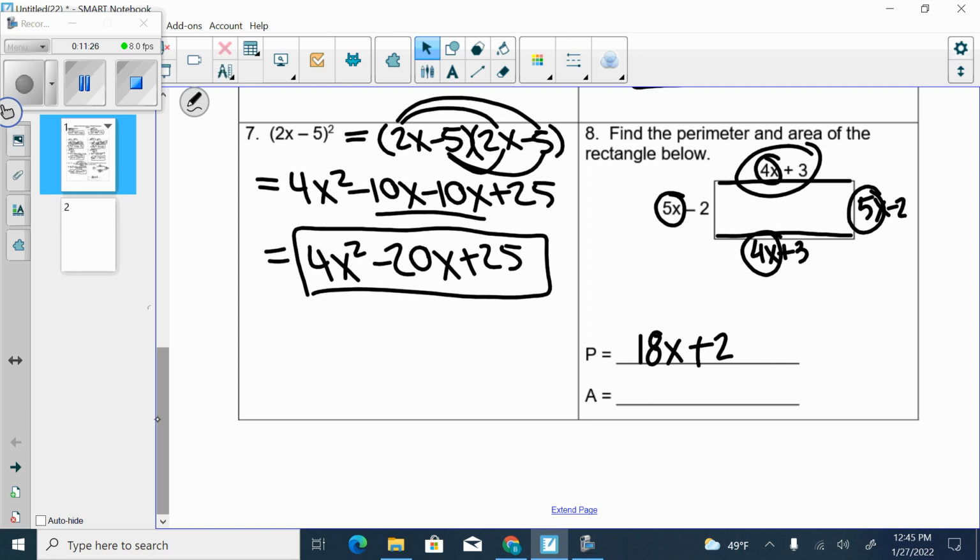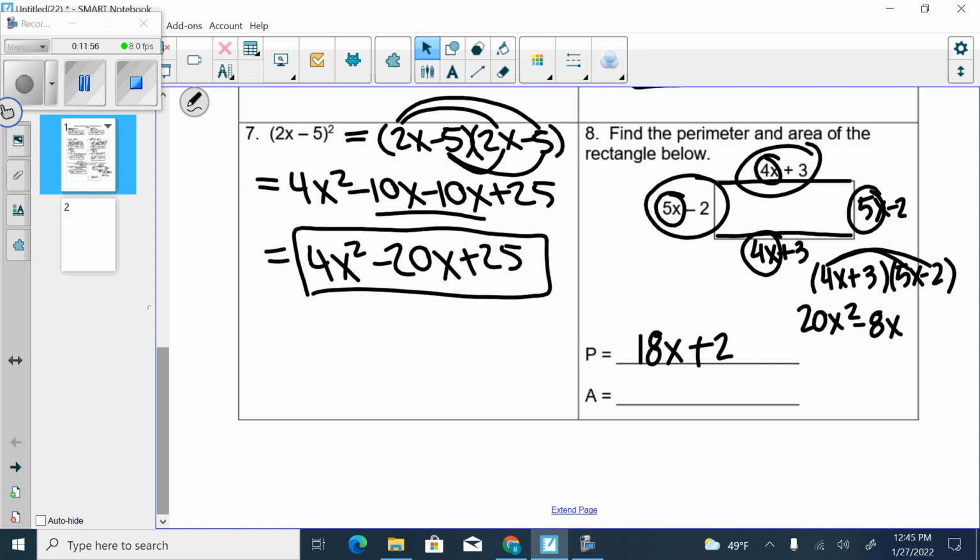So that would have been this times this, right? So I'm going to have 4x plus 3 times 5x minus 2. Okay? And the way this is written means we got to FOIL it out, just like the previous problems. So 4x times 5x would be 20x squared, right? 4x times negative 2.